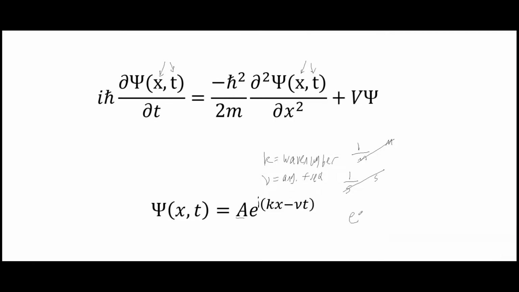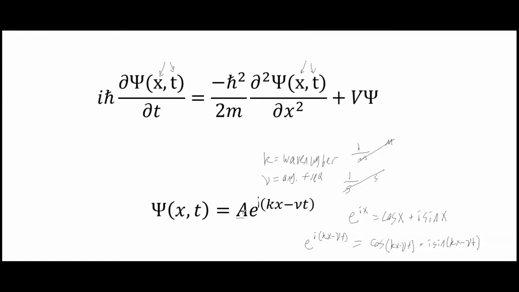So we know, as I've said in the past, that e to the ix is cosine of x plus i sine of x. And so with this, e to the i kx minus nu t would be cosine of kx minus nu t plus i sine of kx minus nu t.